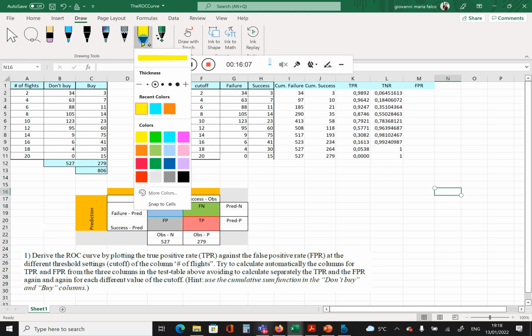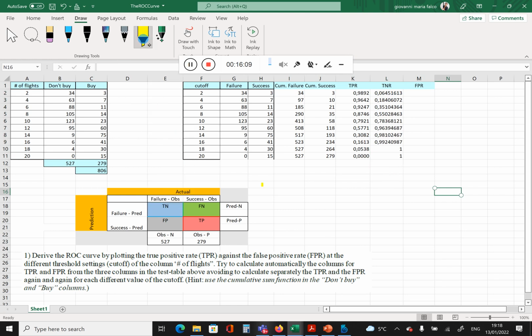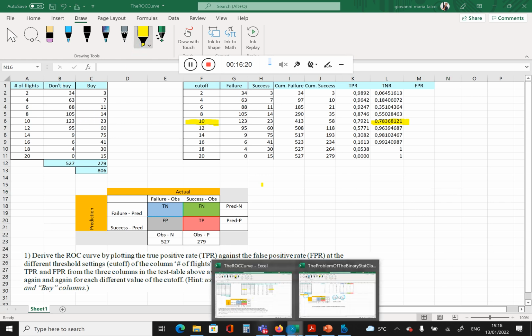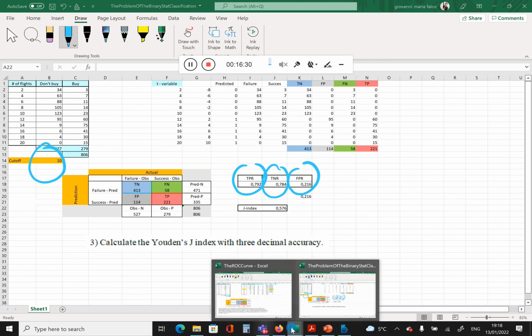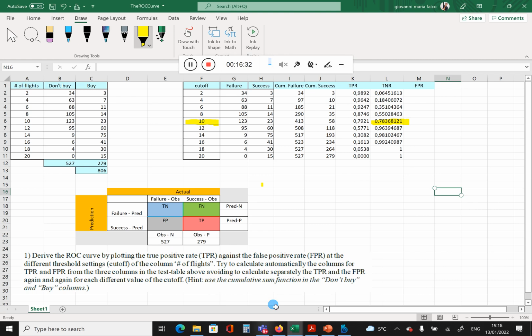For example, for the cutoff at 10, the true negative rate is 0.784, and if I look at what we had, it was indeed 0.784. So that's correct. I reproduced the old result for the cutoff at 10. You should always check your calculations against what you know.